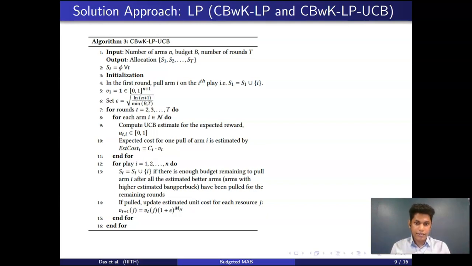The key idea in the online setting is once again to greedily select the arms based on their bang per buck ratio, pretty similar to what we did in our greedy approach.